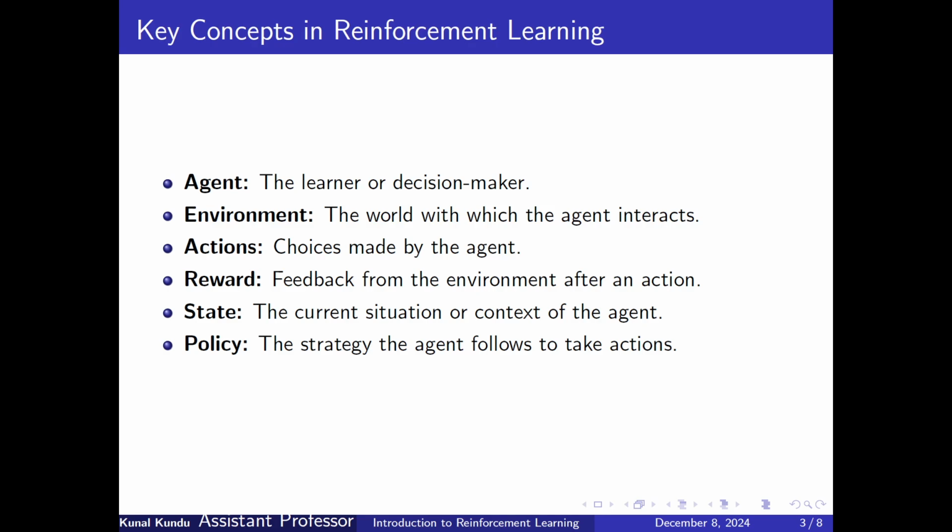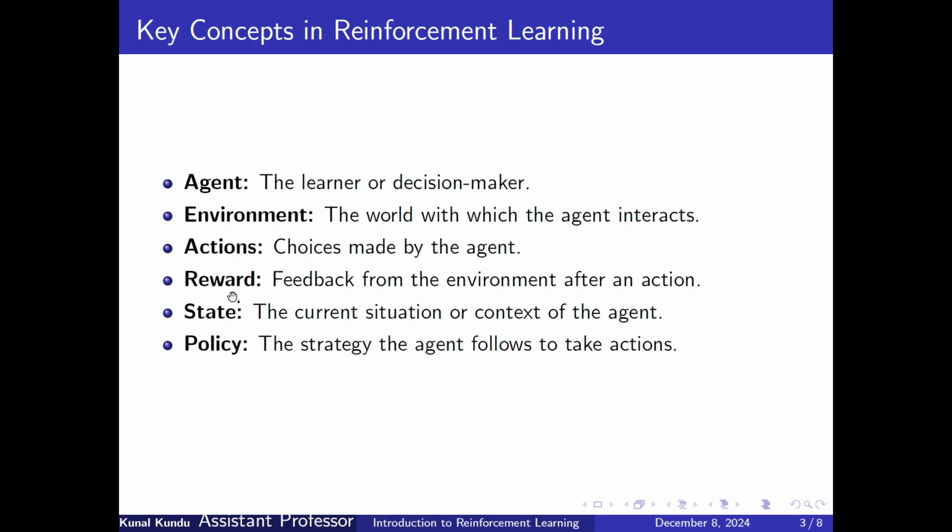Now let's discuss the key concepts in reinforcement learning. Reinforcement learning has a few key building blocks. First is agent, which is the decision maker or learner. Next is environment. The world in which the agent operates is called the environment. Next is actions. These are the choices the agent can make.